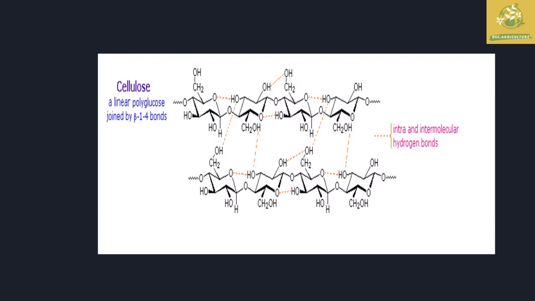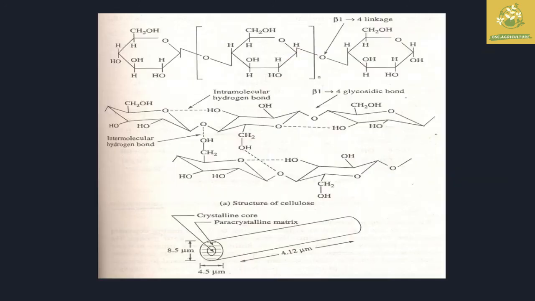You can see the images of cellulose, which is linear polyglucose joined by beta 1,4 bonds, with inter and intramolecular hydrogen bonding between different cellulose chains, describing the structure of cellulose, where the intramolecular hydrogen bond and the beta 1,4 glycosidic bond linkages are explained in this picture.